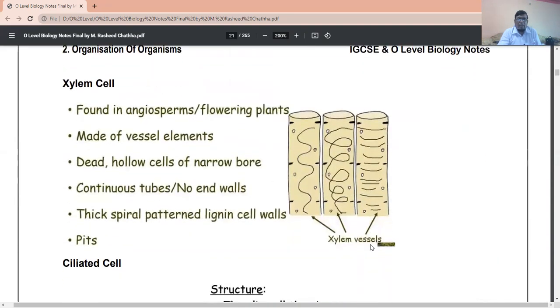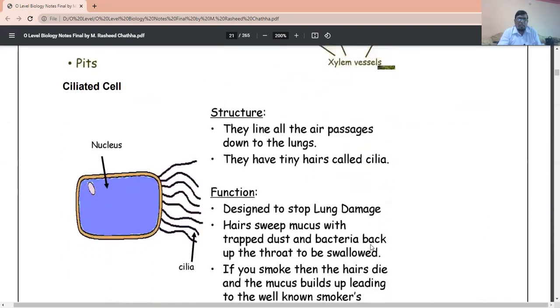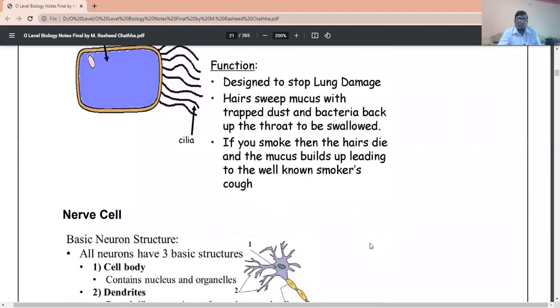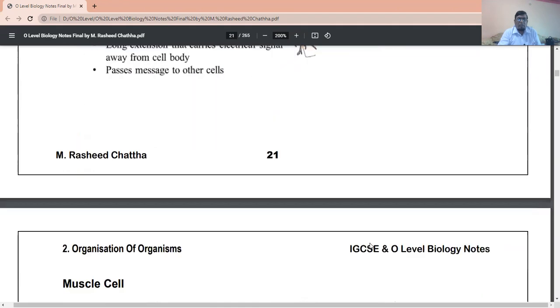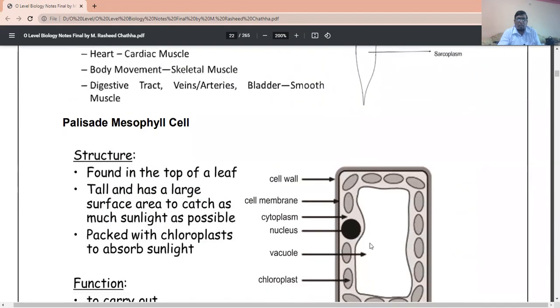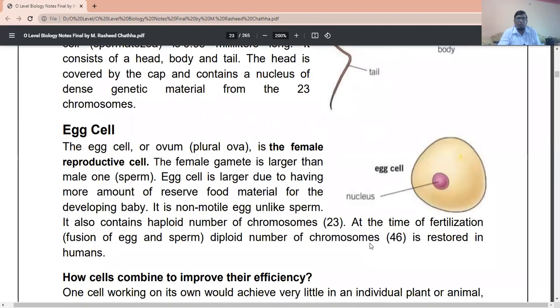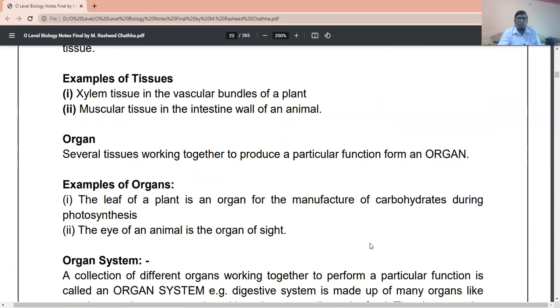Next are the bacterial cell and ciliated cell. Similarly, goblet cells. Next are muscle cell, palisade mesophyll cell, red blood cells, sperm cell, egg cell, and then we have to study about the cell organization.